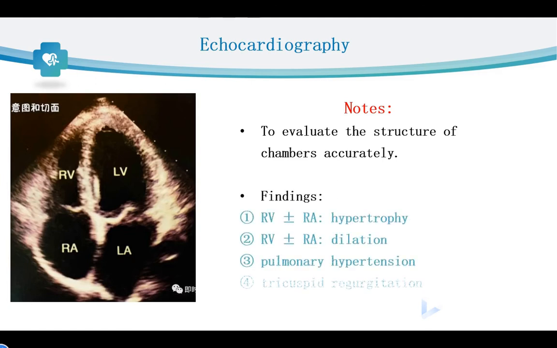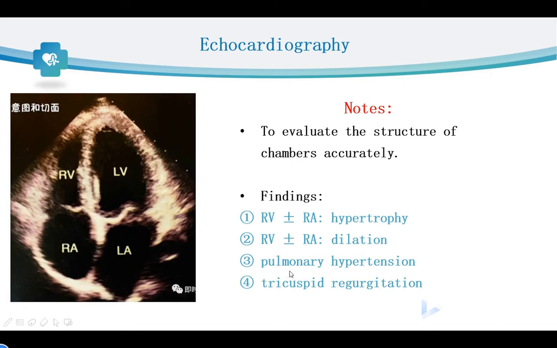During the echocardiography, we can find the hypertrophy of the right ventricle with or without right atrium in the patients with chronic cor pulmonale. But for the patients with acute cor pulmonale, we usually can find the dilation of the right ventricle with or without right atrium.